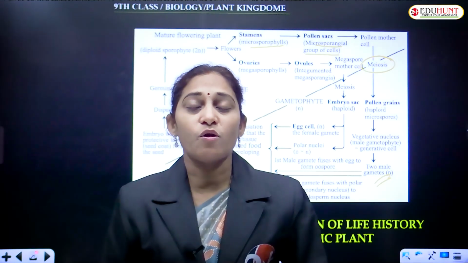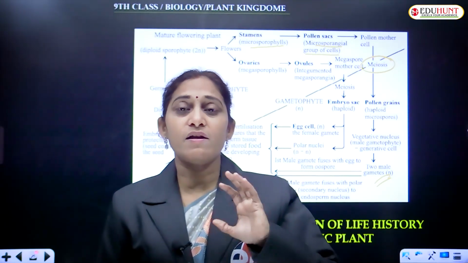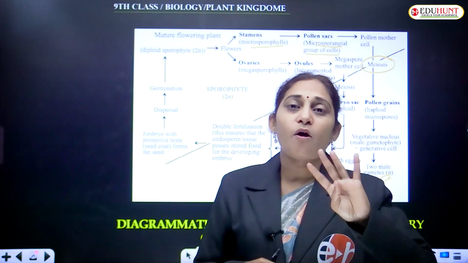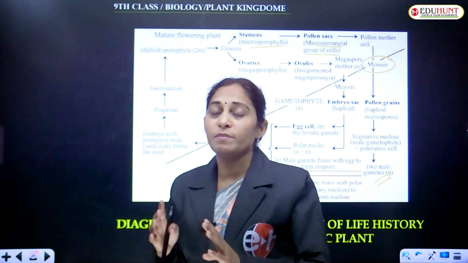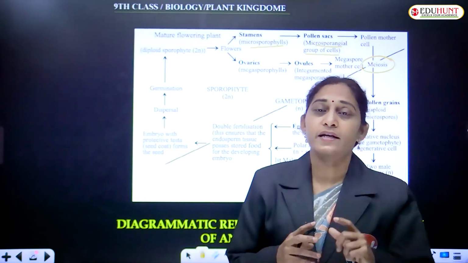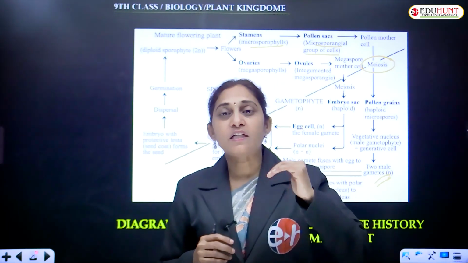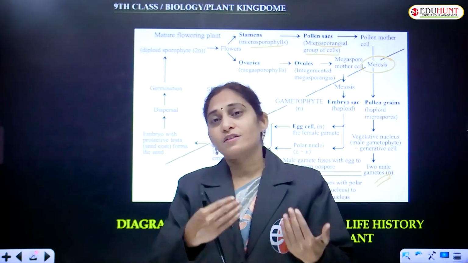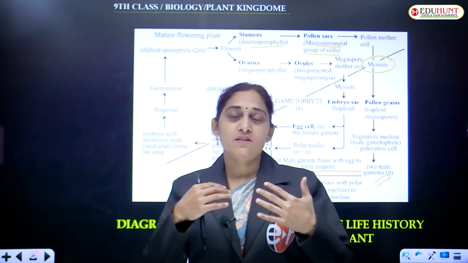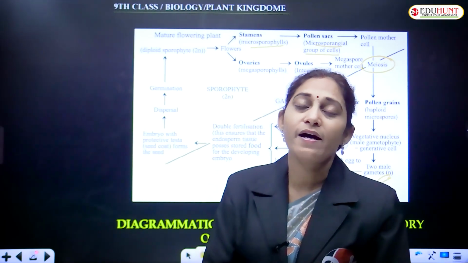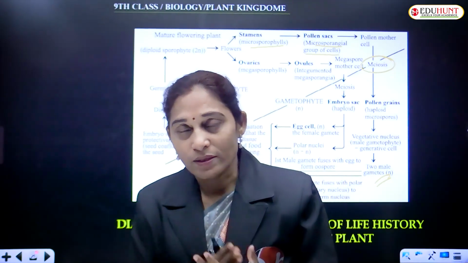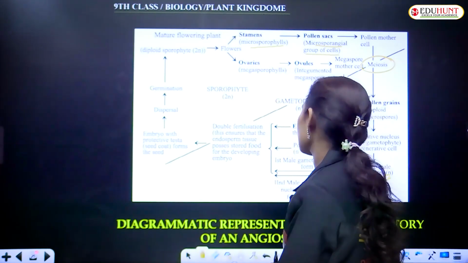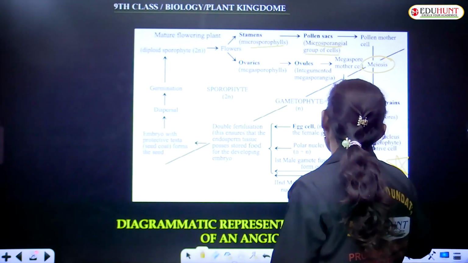After undergoing meiosis, it yields 4 haploid microspores, which we call pollen grains, and each pollen grain on further mitotic division produces a vegetative nucleus and a generative nucleus. The generative nucleus divides once again mitotically to produce 2 male gametes. This is a very important point.